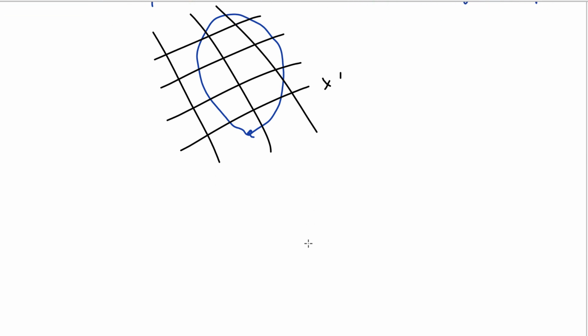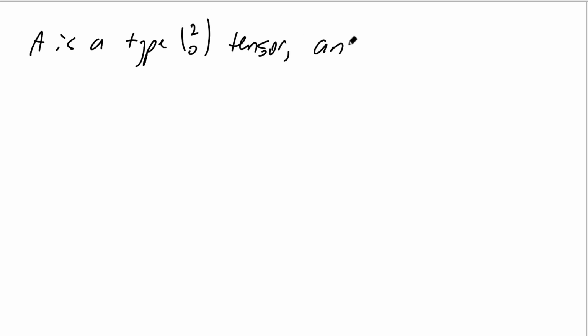Let me summarize what we've learned about this tensor A. So A is a type 2-0 tensor. It's antisymmetric. And it defines the plane of the loop.